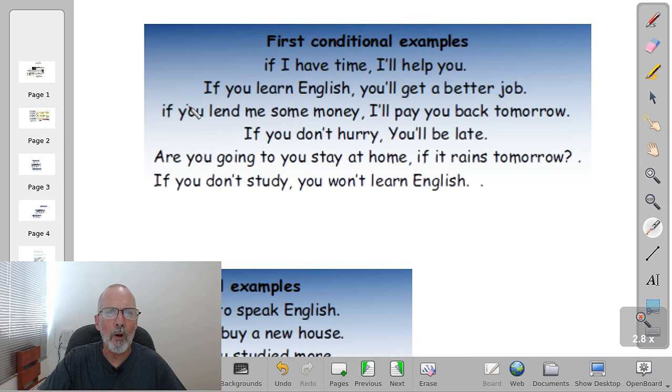I'll pay you back tomorrow if you lend me some money, or if you lend me some money, I'll pay you back tomorrow. If you don't hurry, you'll be late. Or you'll be late if you don't hurry.